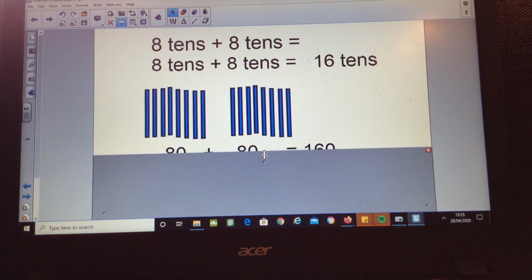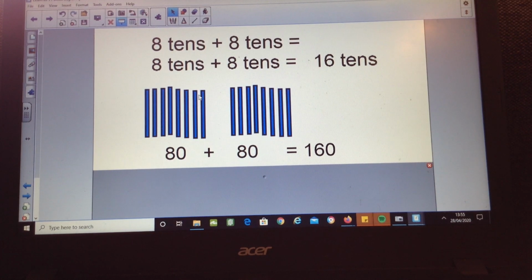Let's look at that a bit more carefully. 8 tens add 8 tens is 16 tens, and that is written as 80 add 80 equals 160. 16 tens is called 160.